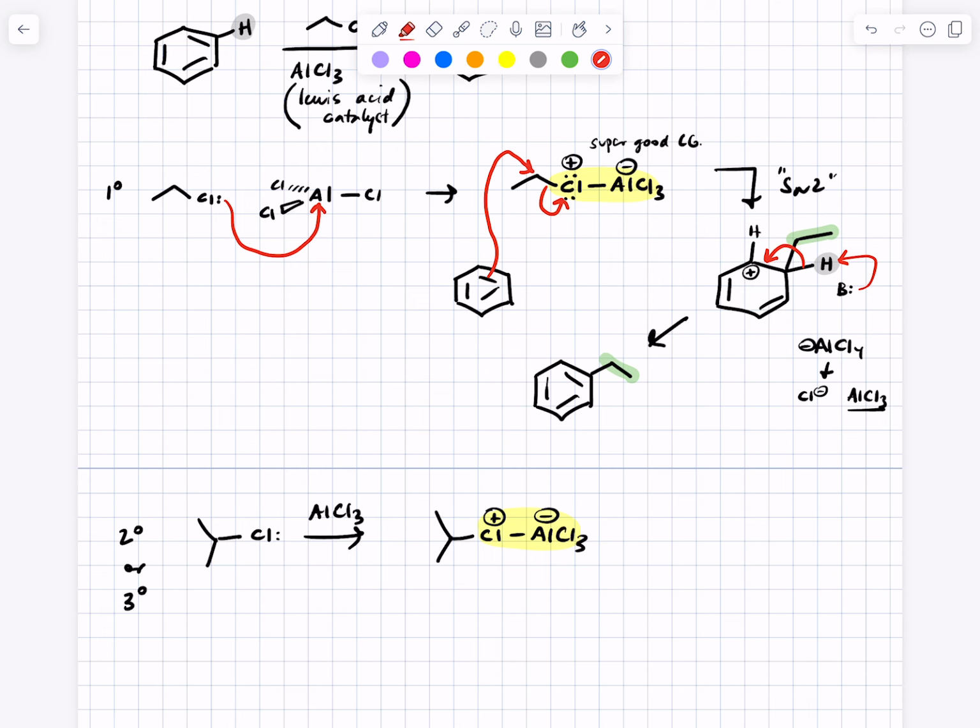But then, before the benzene ring attacks, the leaving group leaves.